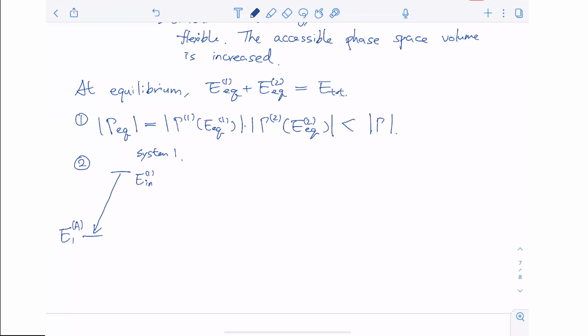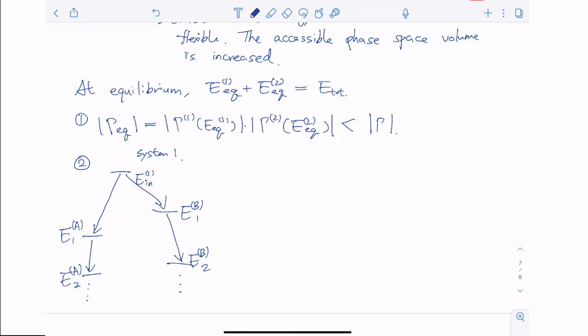Let me call it EA1, one of the possible energies of our system. Once it decays into that channel, it could decay further to another energy, EA2, and so on. But another possibility is that you choose another decay path, where the energy goes from E1 initial to EB1, and then to EB2.